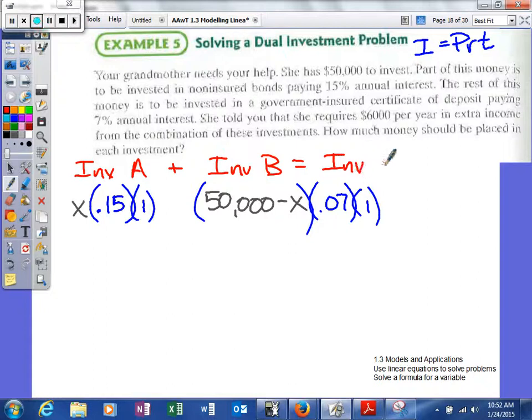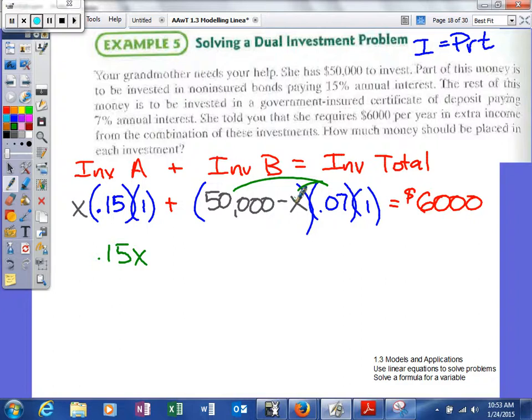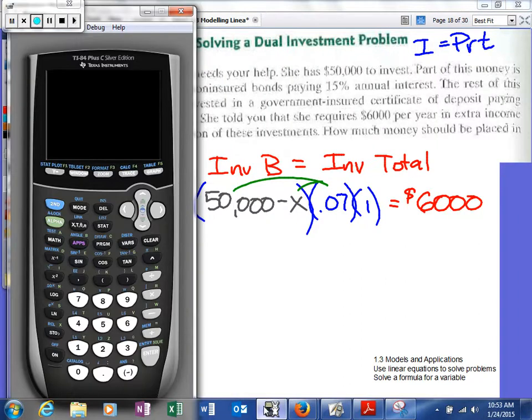So we're going to add these together and try to get $6,000. Okay. So as you can see, we have a nice little equation, so we'll see if we can figure out exactly what's going on here. So we're going to go ahead and distribute. This will give me decimal 0.15x. Over here, I'm going to multiply this times both of those. Ooh, tricky. I'm going to use my calculator for this one.